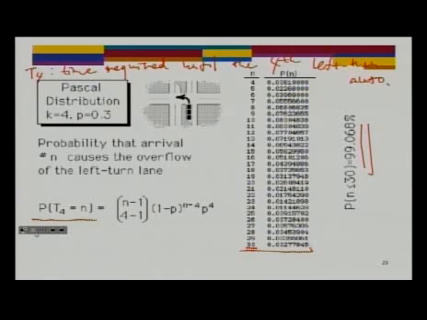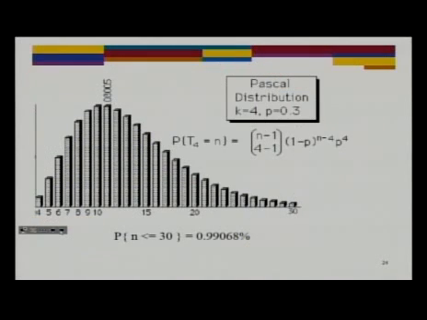Okay? Does that make sense? Okay. And the result is depicted in the bar graph here, the same result. So until 30 cars arrive at the intersection, the left turn lane overflows with 99%. Okay?